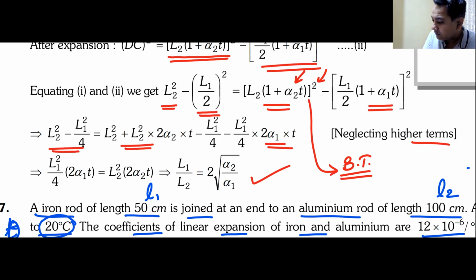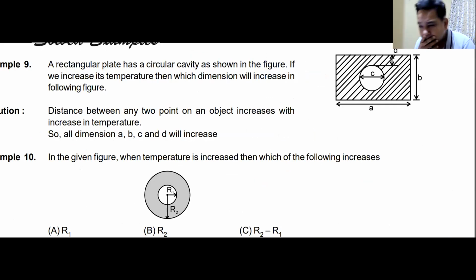Chalo then. That takes us to the next set of questions, and the next set of questions is pretty simple. This is example number 9. Can you tell me what is the answer for this one? You will have similar questions coming many times in JEE.